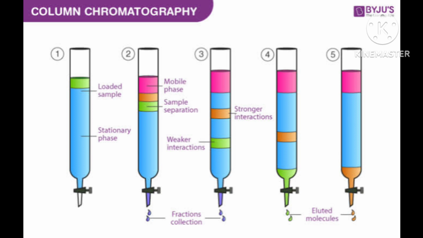Adsorption, actually what I told you, is the main principle. Now just try to understand these two methods. First, adsorption chromatography. Adsorption chromatography is based on the fact that different compounds are adsorbed on an adsorbent to different degrees.